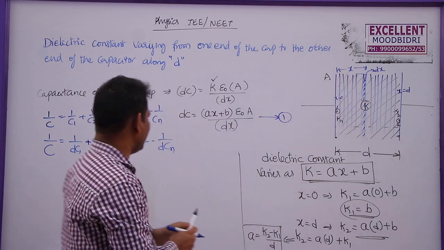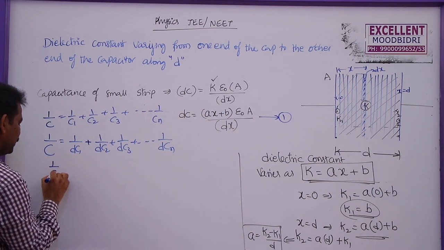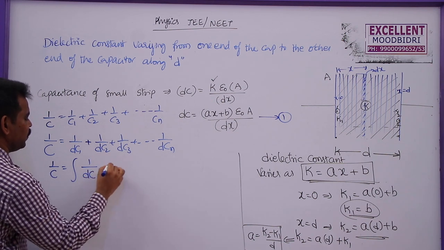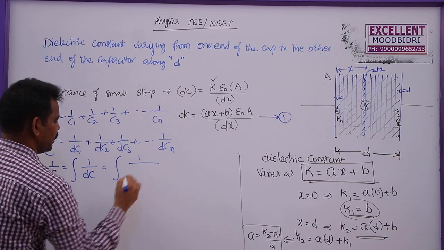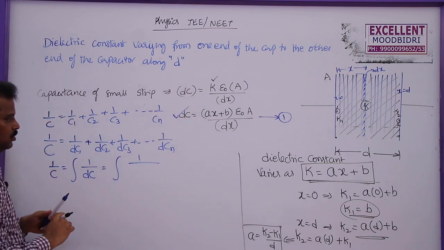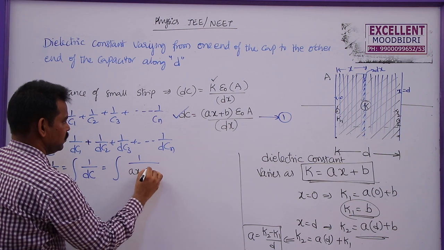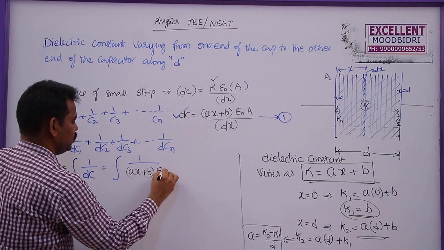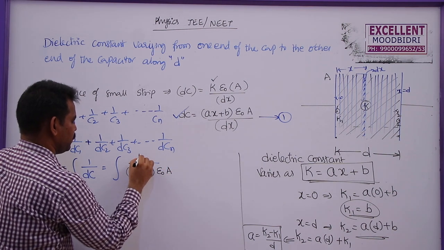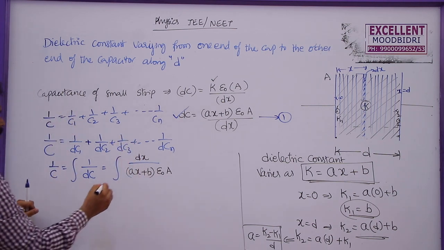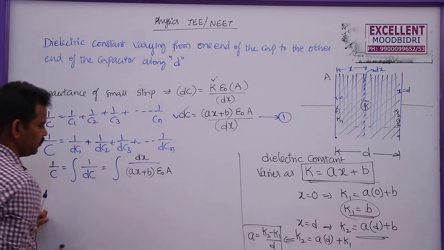That's why the capacitance C can be written as 1 by C is equal to integral of 1 by dC. We know the dC value, so I am going to substitute here (ax plus b) into epsilon naught A by dx. So this is the equation that we are going to integrate now.